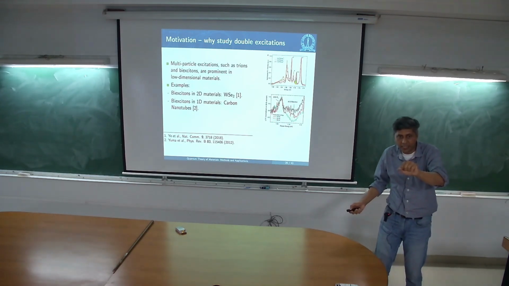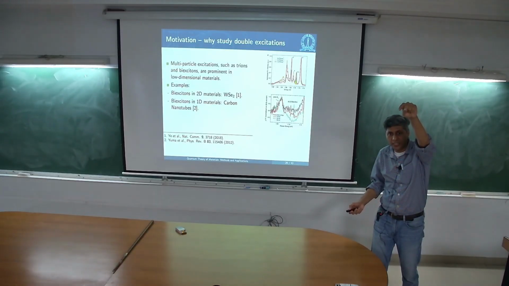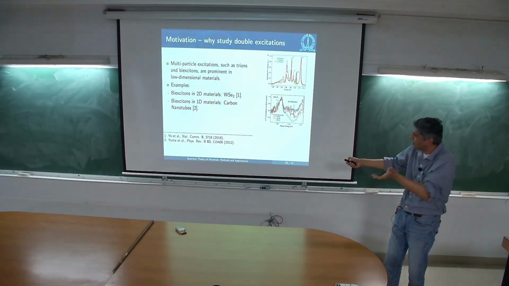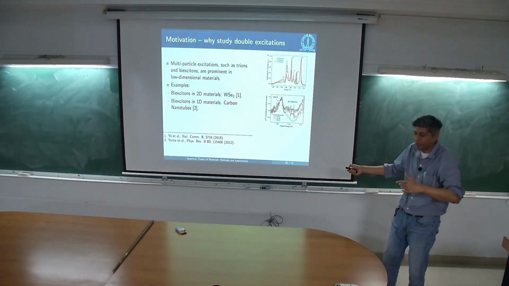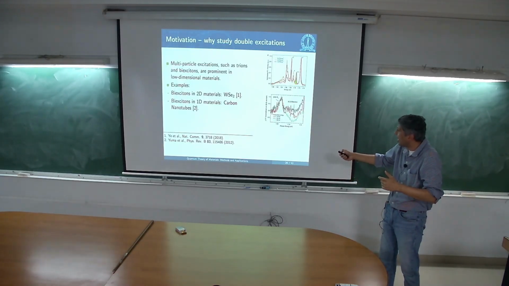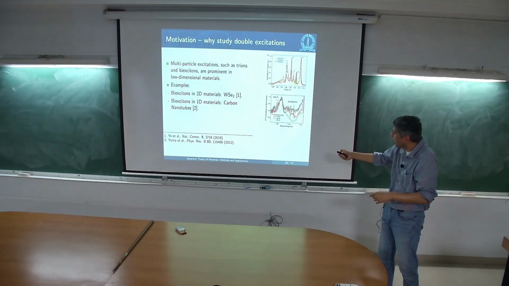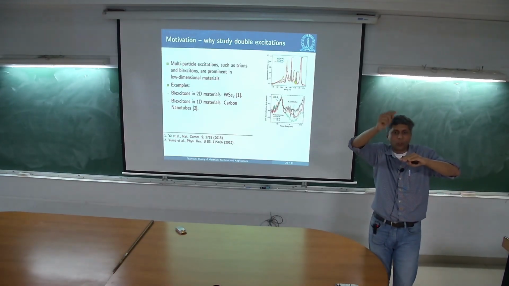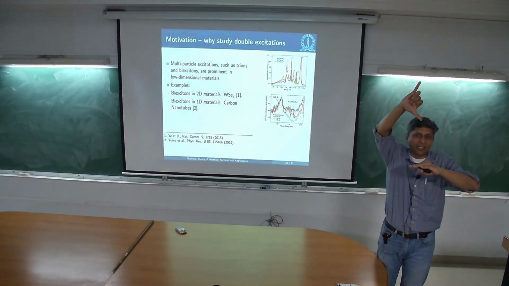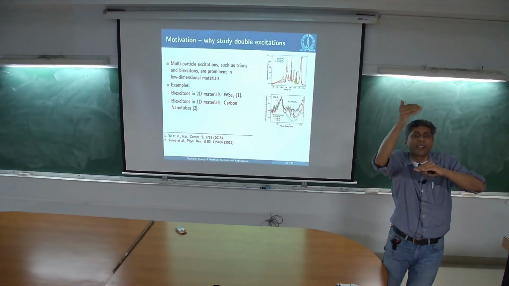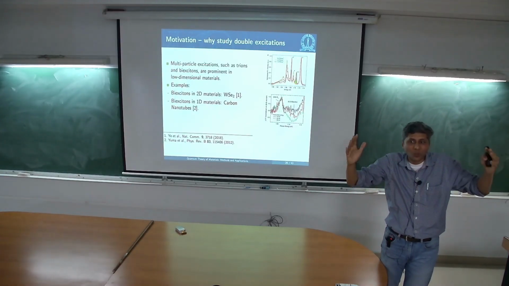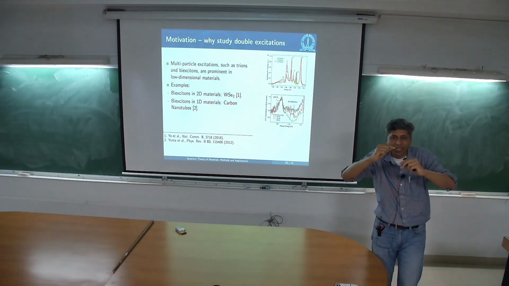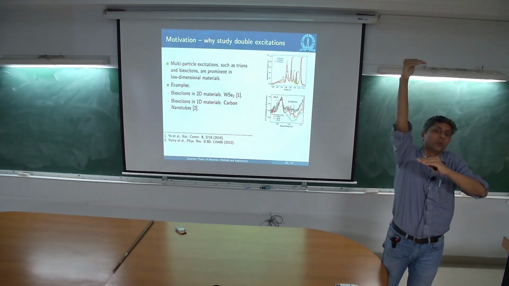So I shine light, I have pumped into that excitonic state, and then the next one that comes in shows, in differential transmission, which is just the opposite of absorption, a peak or a dip at 1.17. So basically the second photon is not being absorbed at the energy of 1.26, but rather at 1.10. That means the two excitons formed a bound state, and I'm going from an excited state to a doubly bound state.